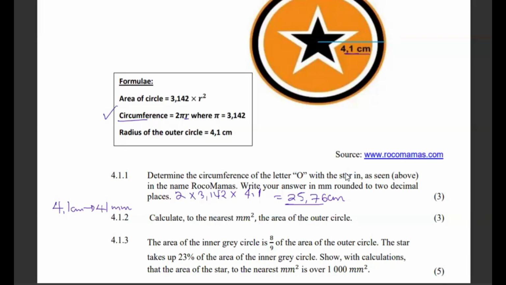From there we say area equals pi r squared. We check that. We square and find out the answer.